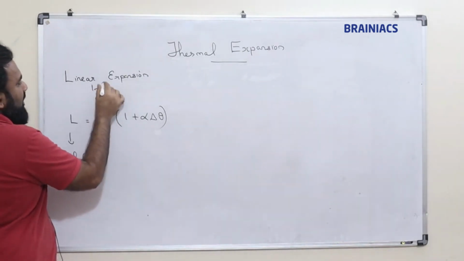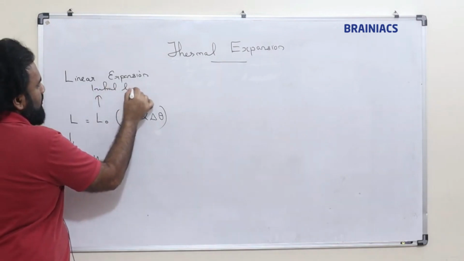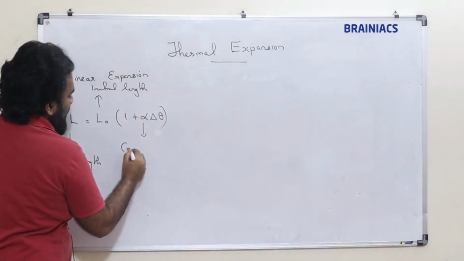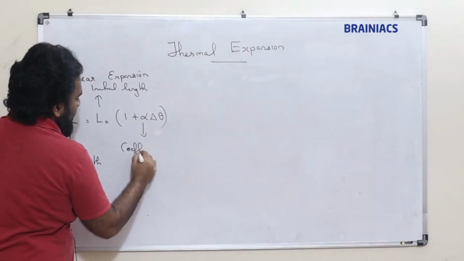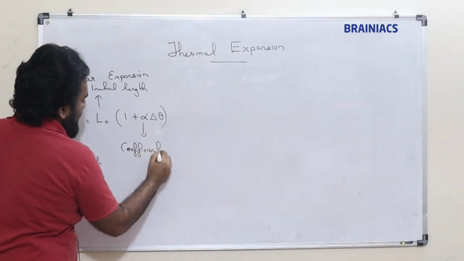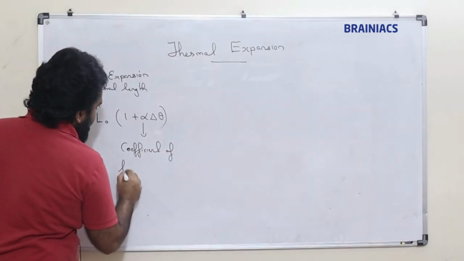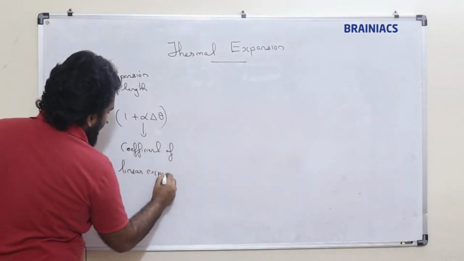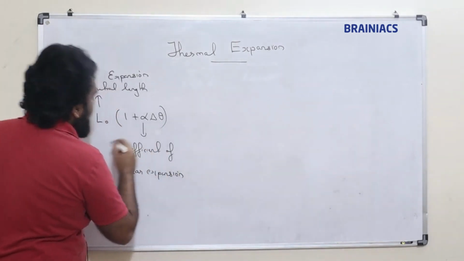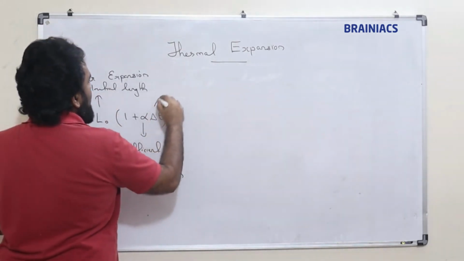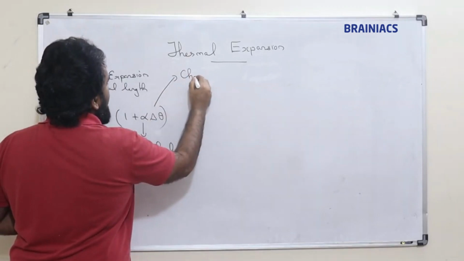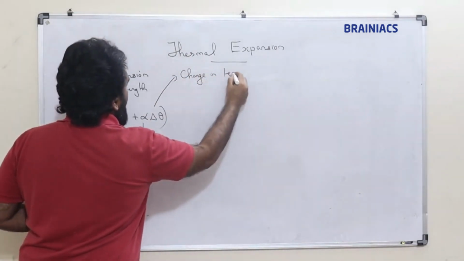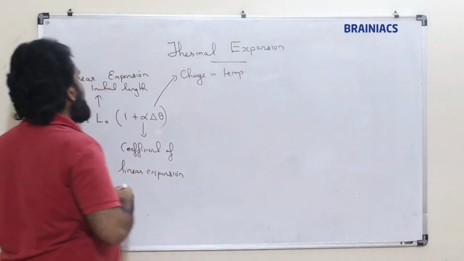This is the initial length, and this is the coefficient of linear expansion, alpha, and this delta theta is the change in temperature.